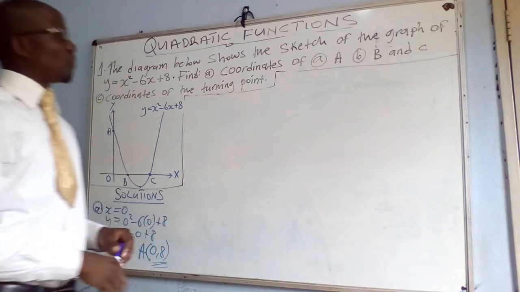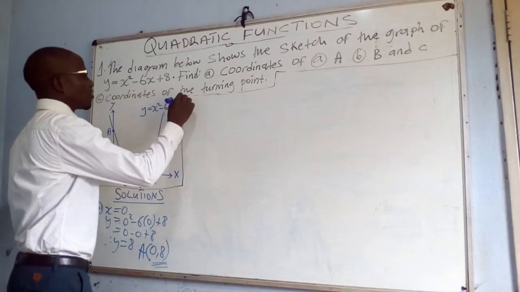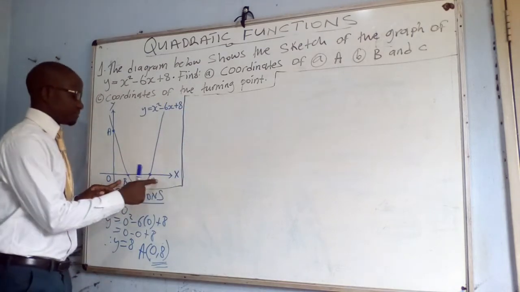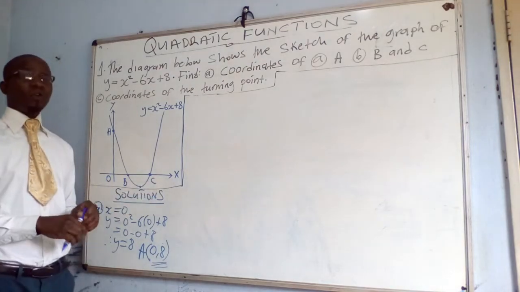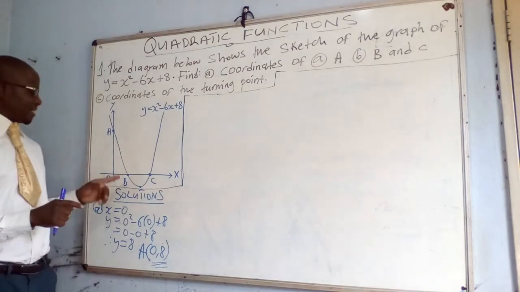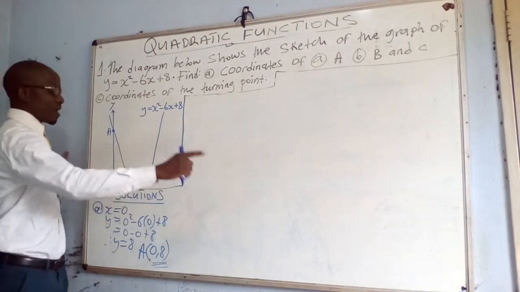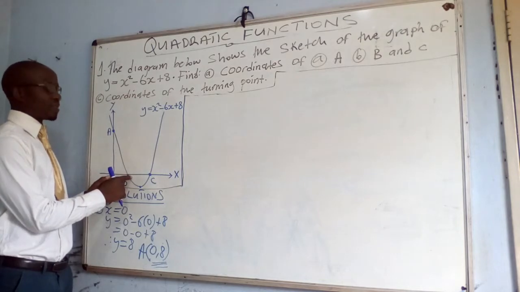We can go to B. For B, we are finding the coordinates of B and C. We have a B and a C. Both point B and point C are on the x-axis. On the x-axis, the value of y must be equal to 0 throughout. Y is equal to 0 at this point.